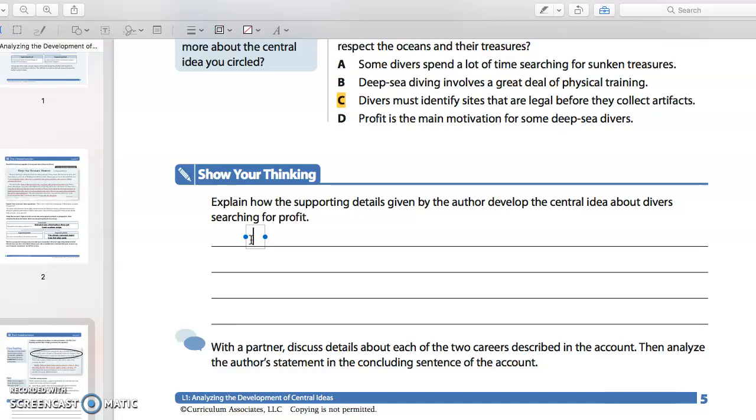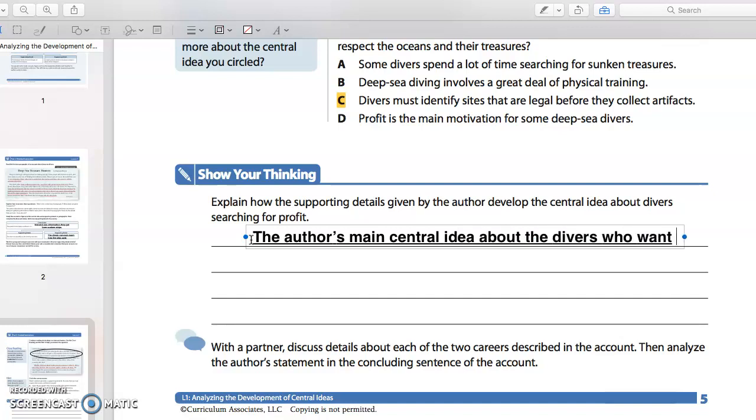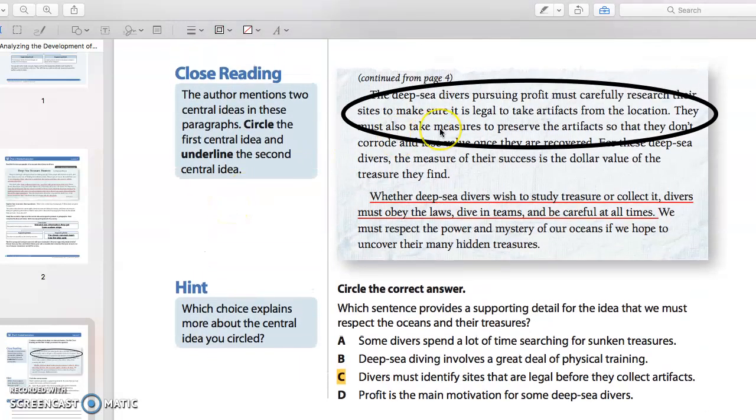So kind of what I would say is that the author's main central idea about the divers who want to profit is, and then we can go back up and see what we circled, right? That they must carefully research and obey laws, right? I'm kind of taking from both central ideas.